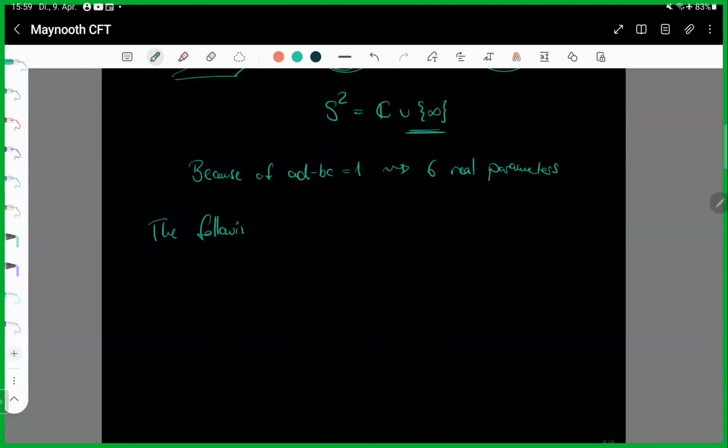The following group elements represent the conformal generators.